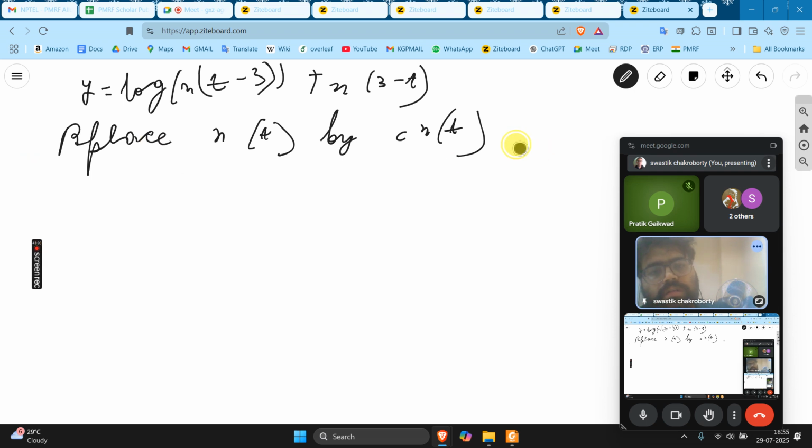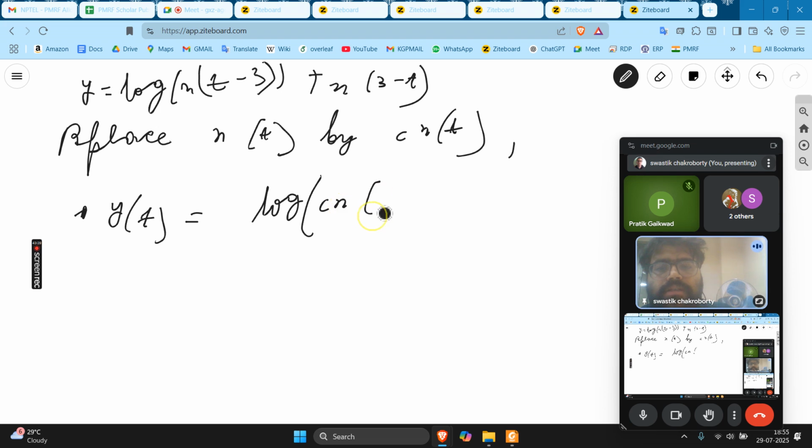So here you have y(t) is equal to log c x(t minus 3) plus c x(3 minus t).